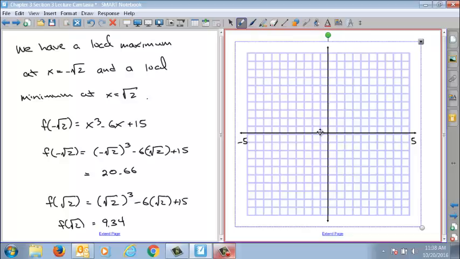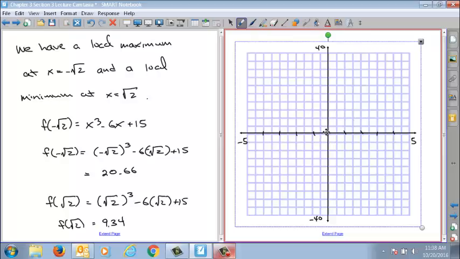So if that's 5, then each mark means 1 unit here. So 1, 2, 3, 4, 5, and it's negative, and you get positive 1, 2, 3, 4, 5. And in terms of y, 20's a maximum, so I'm going to go from 40 here to negative 40.